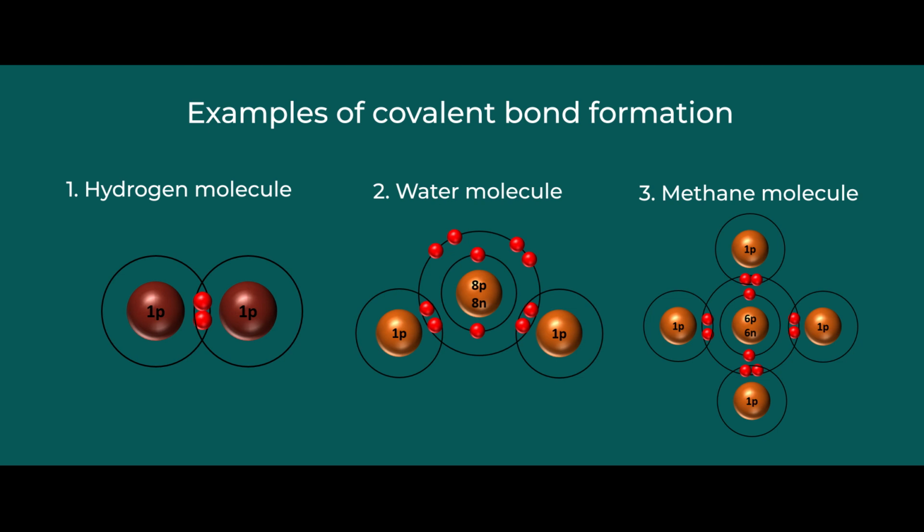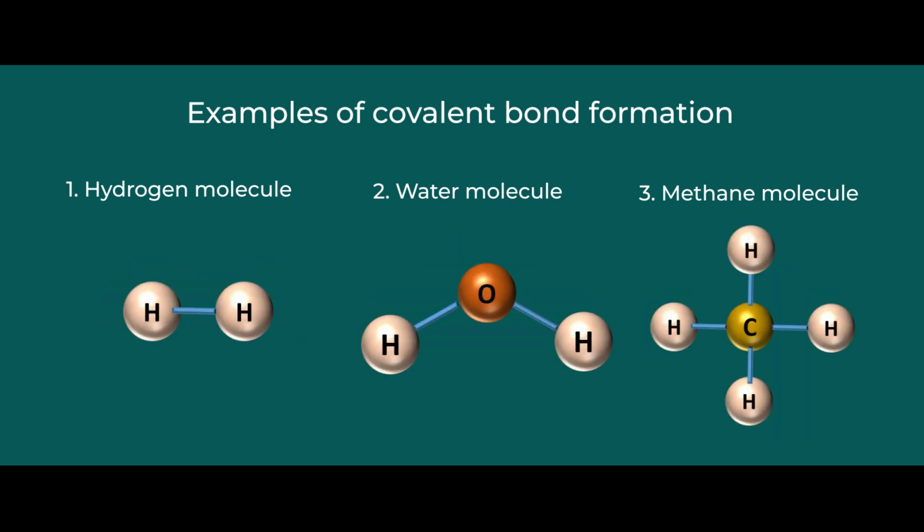They have either 2 electrons in their valence shell or 8 electrons in their valence shell, and that is how they become stable. The line in between 2 hydrogen atoms represents a single covalent bond, and the line you can see running from the oxygen atom to 1 atom of hydrogen and the oxygen atom to another atom of hydrogen means that they are sharing a pair of electrons.